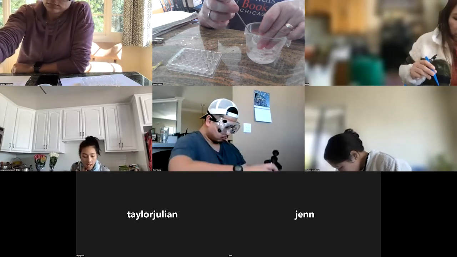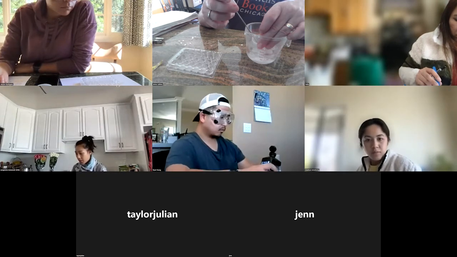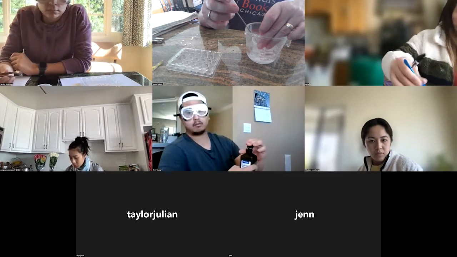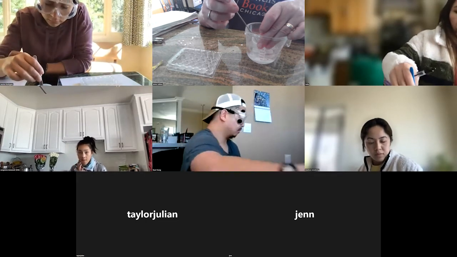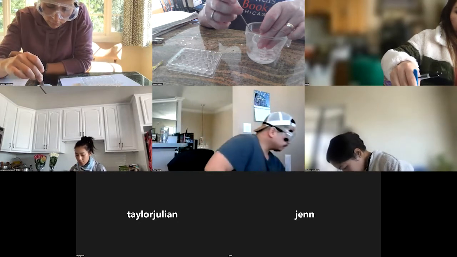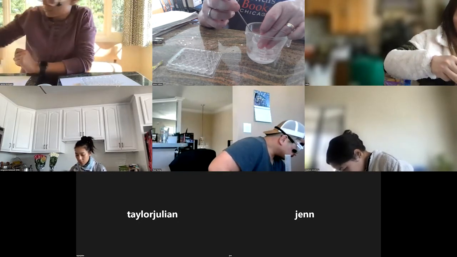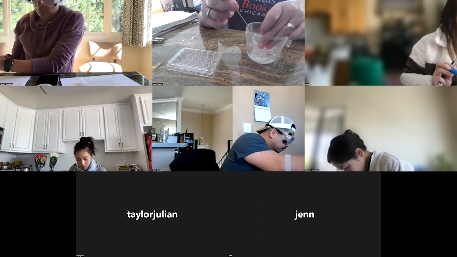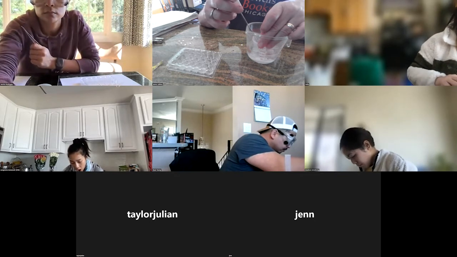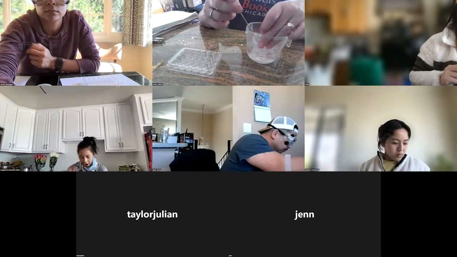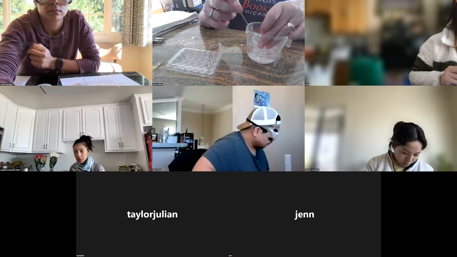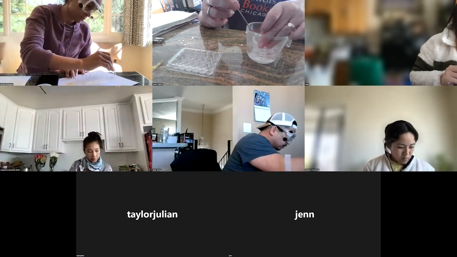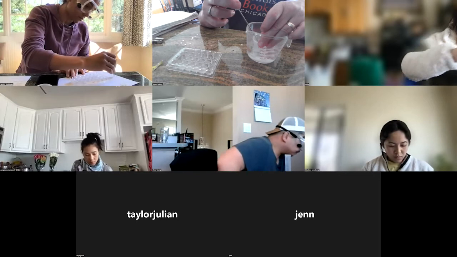So when you're measuring the temperature for these, when you're making your hot water bath and your ice bath, you don't want to have the thermometer touching the bottom, because obviously that's going to be a lot colder. So have it about midway. It'll give you a more accurate representation of the temperature. Because right now, if I look at the bottom of the cup, it's 12 degrees, and then midway up, it's about 15.